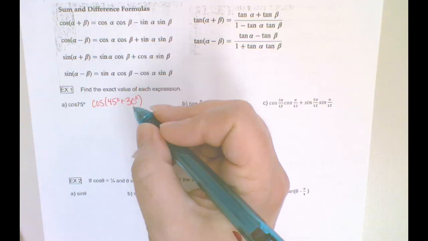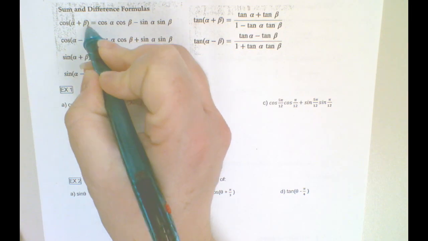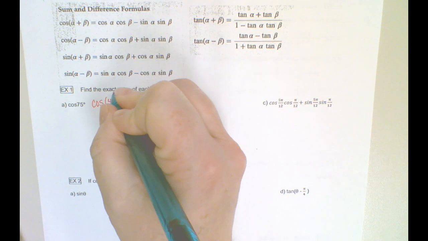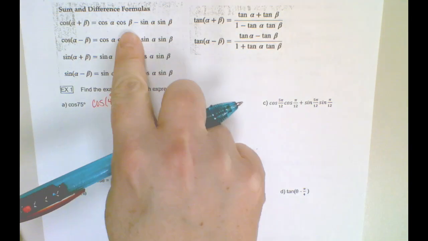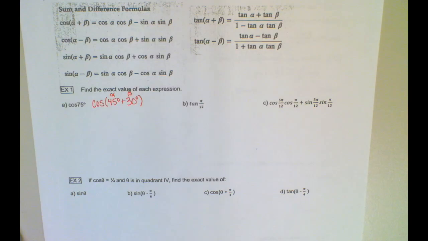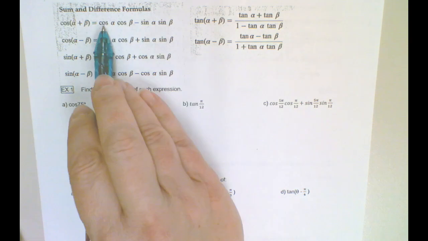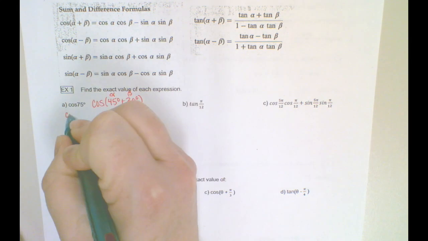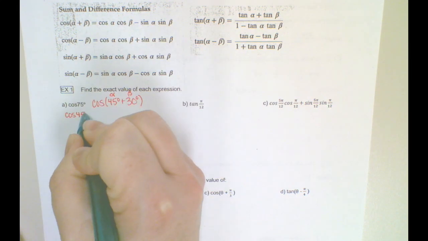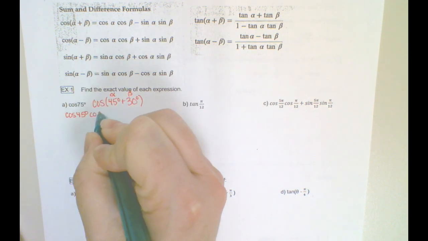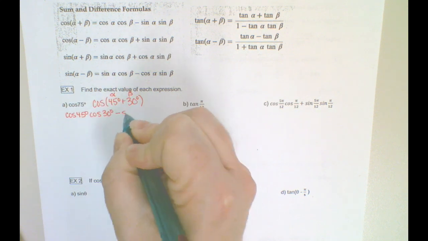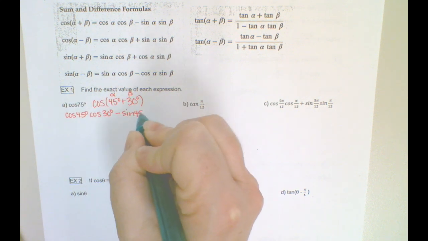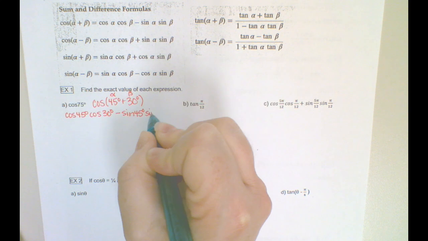In this case, alpha and beta are the two angles, and I just substitute those values into this identity. So it says cosine alpha, in this case cosine 45 degrees, cosine beta, so cosine 30 degrees, minus sine alpha, sine beta.